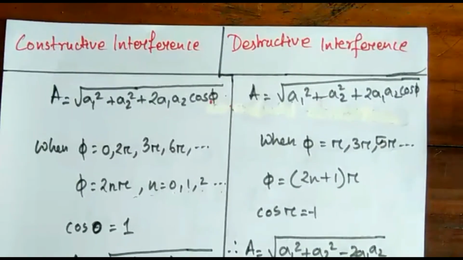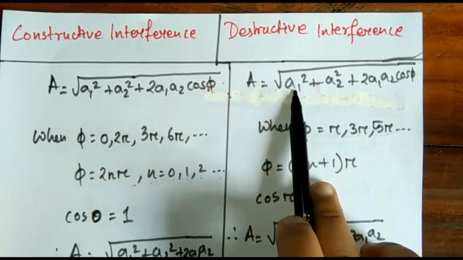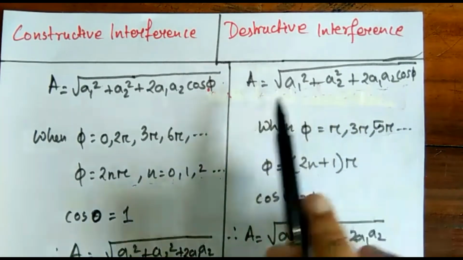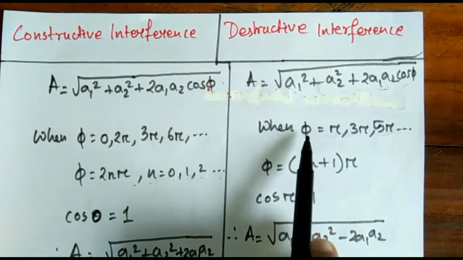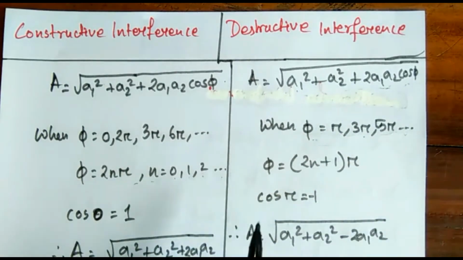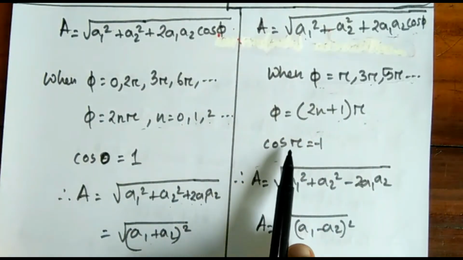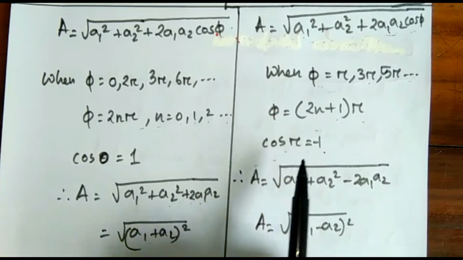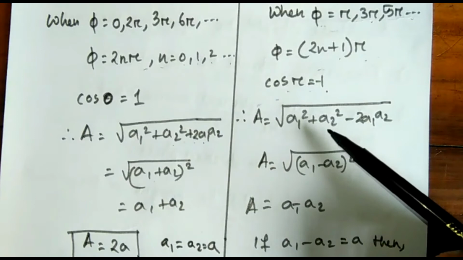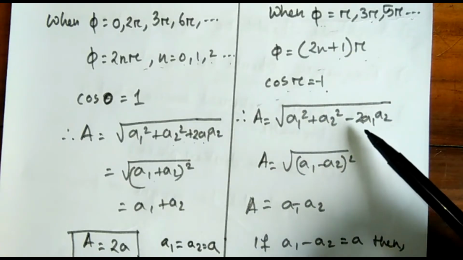And for destructive interference, when a is equal to root over a1 square plus a2 square plus 2 a1 a2 cos phi, if we take phi as pi, 3 pi, 5 pi, that is the odd multiples, phi is equal to (2n plus 1) pi, we get cos pi is equal to minus 1. So we can write a as root over a1 square plus a2 square minus 2 a1 a2. This is the formula for (a minus b) whole square.